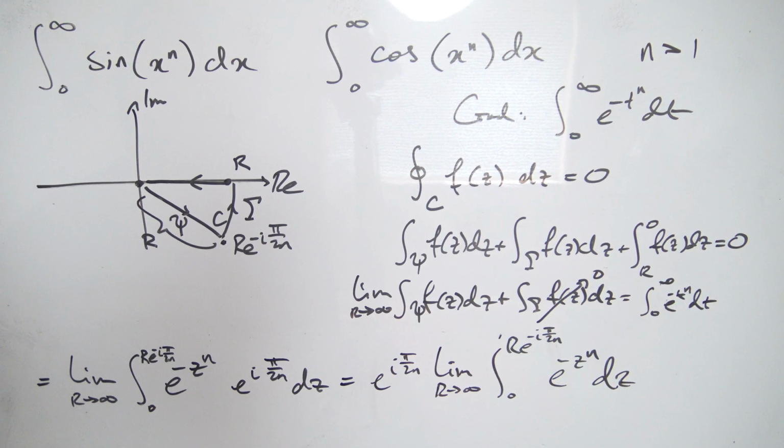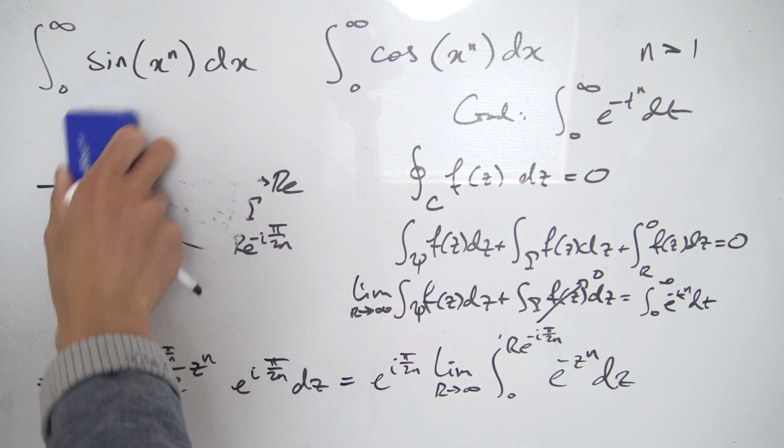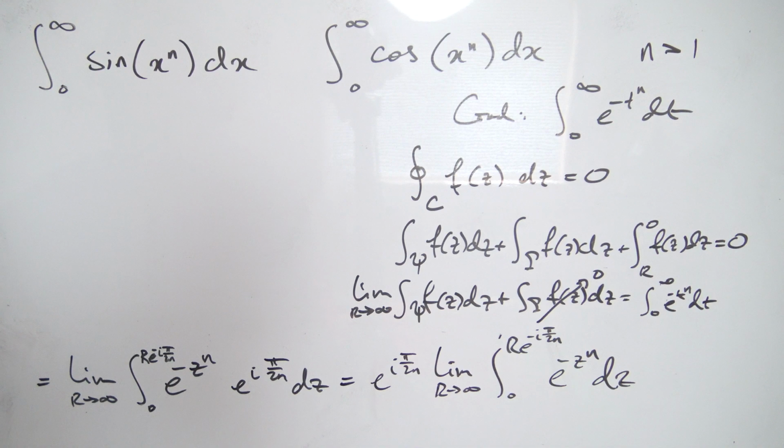So what I want to do now is show that this integral over gamma does indeed go to 0 in the limit as r approaches infinity. So let's write down our result so far.